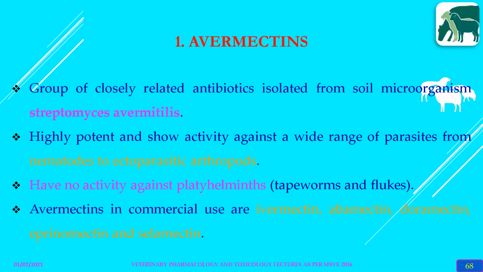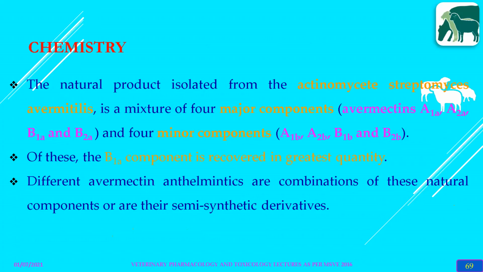Coming to the chemistry, just a very little, nothing more. These are natural products isolated from the actinomycete Streptomyces avermitilis, and this is a mixture of major components, that is, A1a, A2a, B1a, and B2a, and four minor components, A1b, A2b, B1b, and B2b.